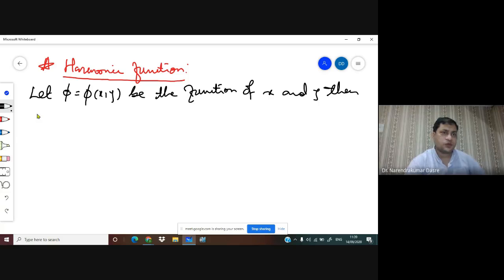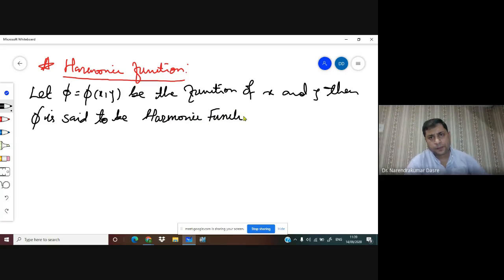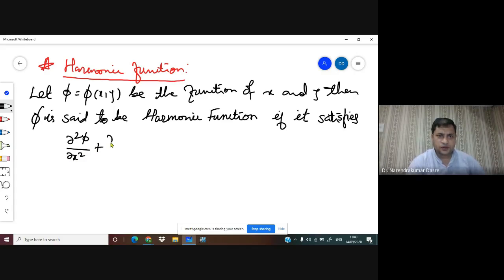Then phi is said to be a harmonic function if it satisfies del square phi by del x square plus del square phi by del y square is equal to 0.